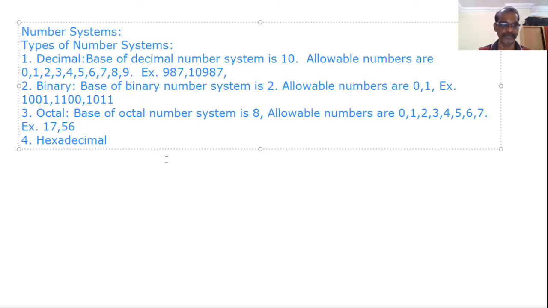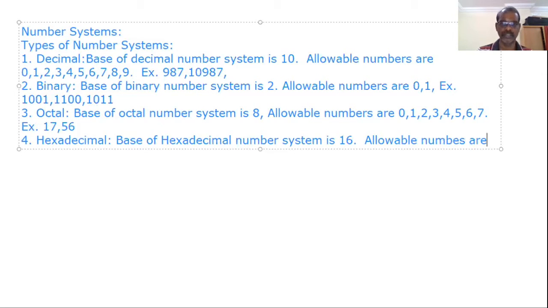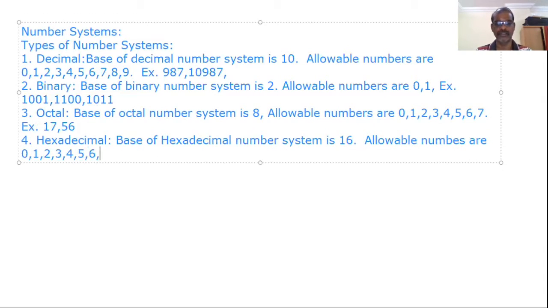Hexadecimal number system. The base of the hexadecimal number system is 16. Allowable numbers are 0, 1, 2, 3, 4, 5, 6, 7, 8, 9. Until 9 all are the same, just like the decimal number system.